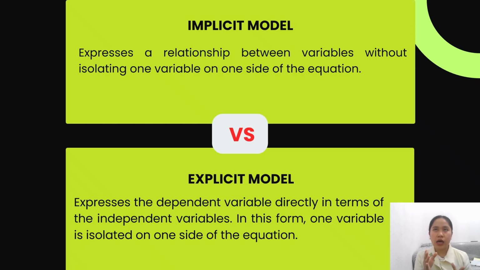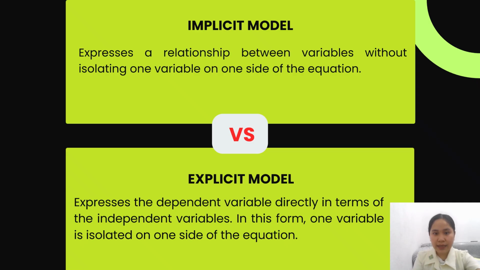The variables are mixed together in the equation. We cannot easily solve for one variable directly. For example, x squared plus y squared equals 25. It's saying that all parts are connected, but no single part is focused.